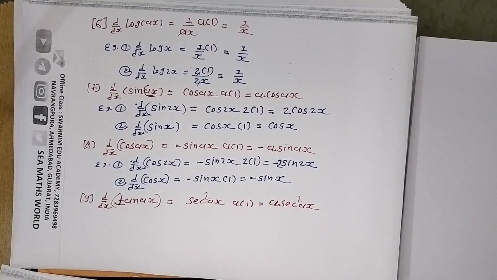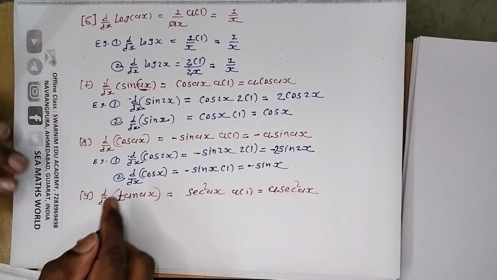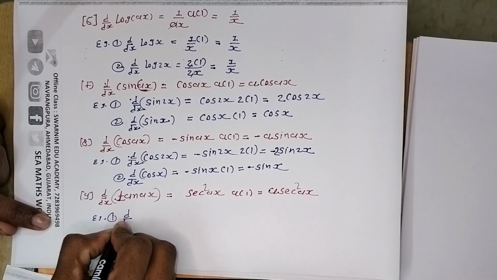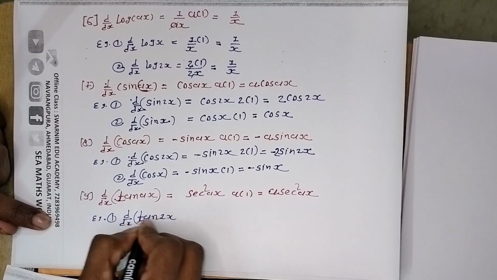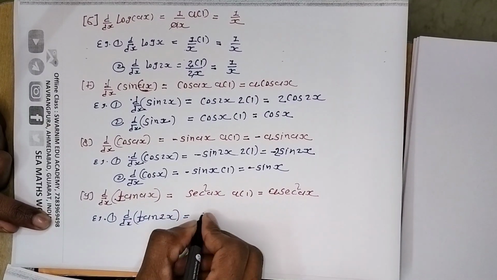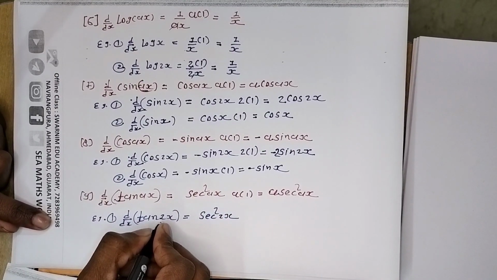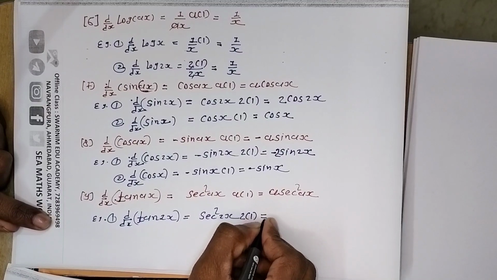Let's understand it with an example. Differentiation of tan 2x. Tan 2x differentiation will be sec square 2x. Then differentiate the angle. The angle is 2x, so 2 as it is, x differentiation will be 1.